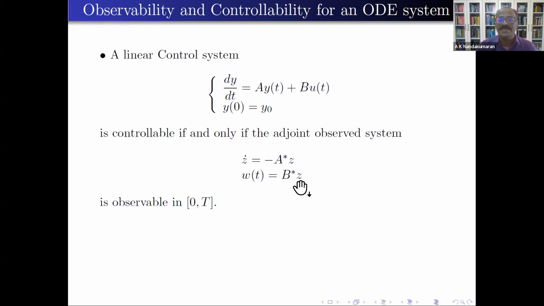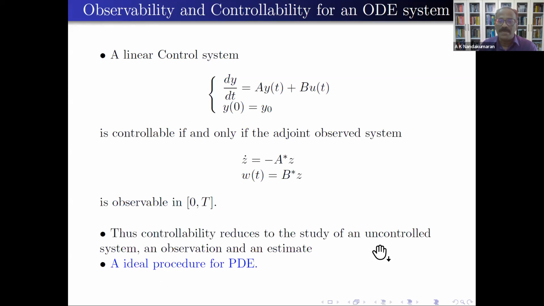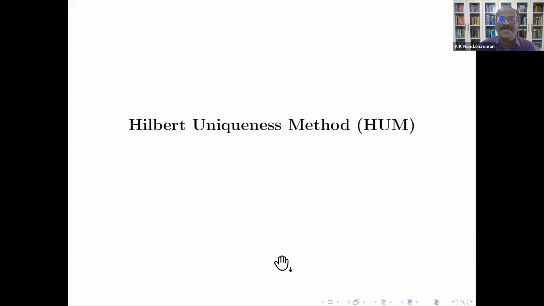In other words, it leads to estimating Z in terms of this partial information in a large time T, and that is when you say that it's an observed system. So controllability is equivalent to observability of the uncontrolled system, and there is no control as such, as you see here. So the controllability reduces to an uncontrolled system, an observation, and estimating the state in terms of the observation. And of course, this is an ideal procedure for PDE.